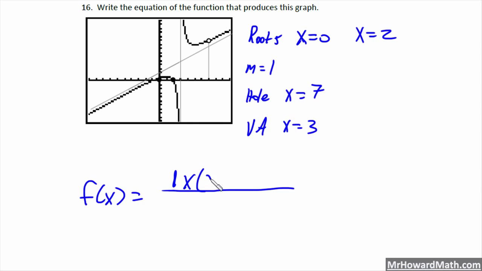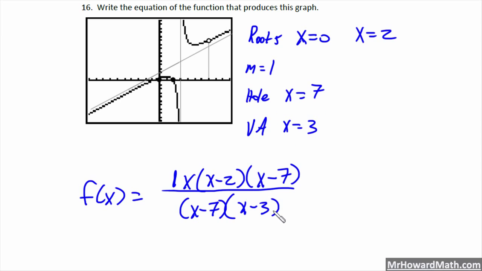We need an x minus 2 factor on top for this root. And then we have a hole at x equals 7. So we need a factor of x minus 7 top and bottom for the hole. And then we have a vertical asymptote at x equals 3, so that's a factor of x minus 3.